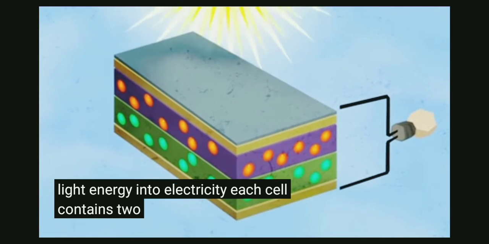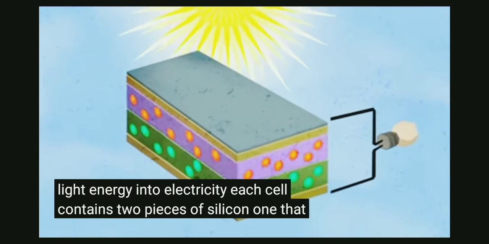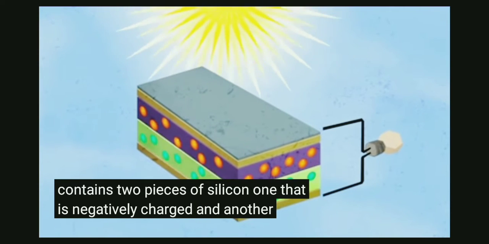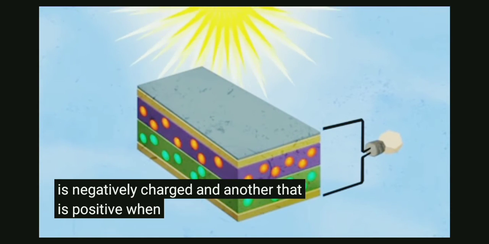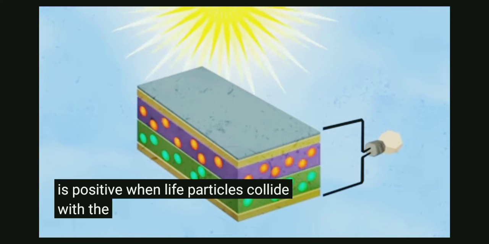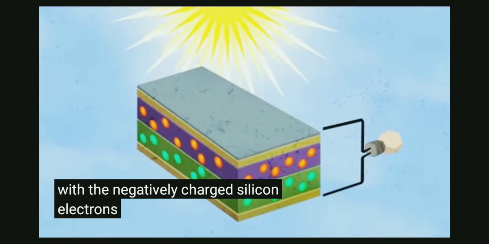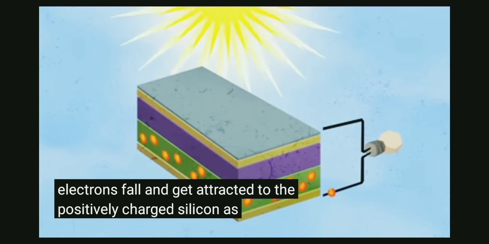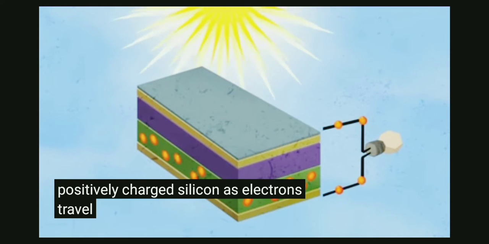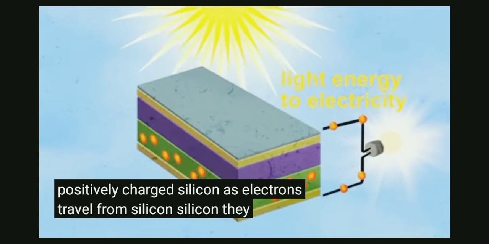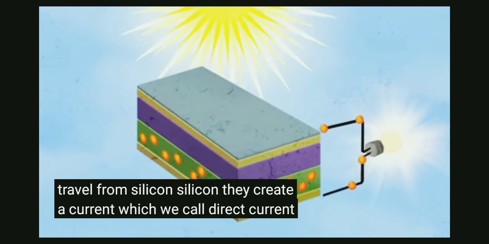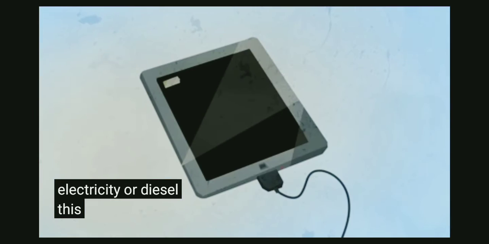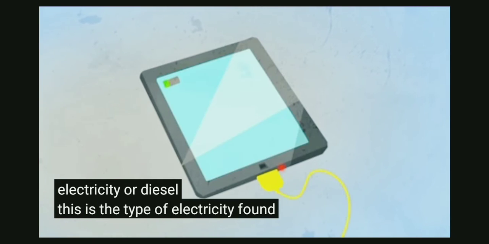Each cell contains two pieces of silicon, one that is negatively charged and another that is positive. When light particles collide with the negatively charged silicon, electrons fall and get attracted to the positively charged silicon. As electrons travel from silicon to silicon, they create a current, which we call direct current electricity, or DC. This is the type of electricity found in batteries.